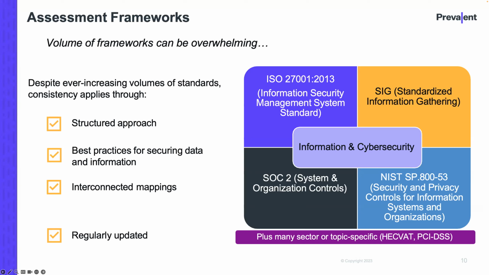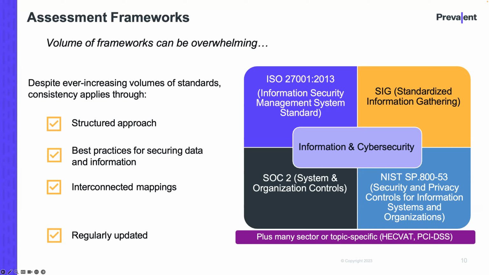Which standard is the right standard or the right requirements for us can be a bit of a minefield in itself. As we can see on the screen, on the right-hand side, I've highlighted 4 of perhaps the most well-known assessment frameworks. ISO 27001, now moved to the 2022 version. SIG, or Standardized Information Gathering Assessments. SOC 2, and NIST 800-53.